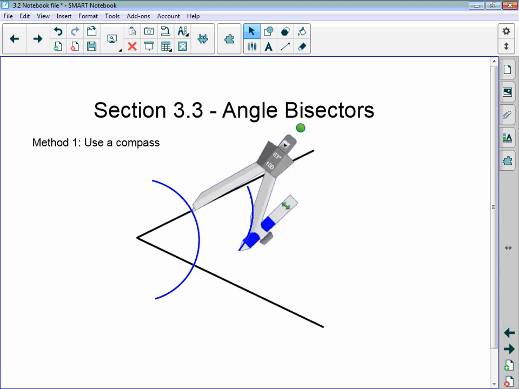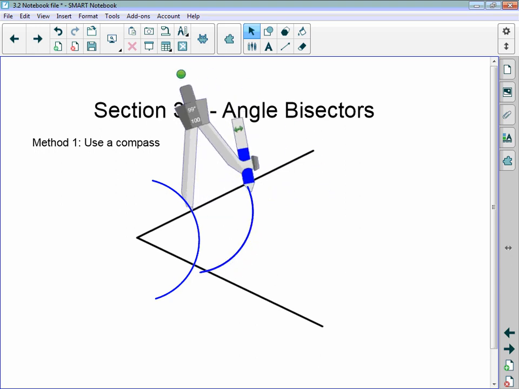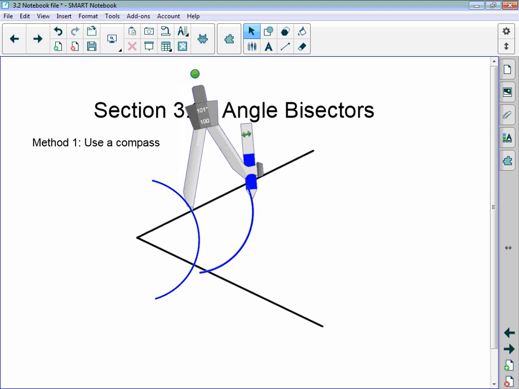And again, I'm going to make another little arcing line. I'm going to move my compass once more. Uh-oh, I actually moved it to 101 degrees. Oh wait, it's at 100. There we go.